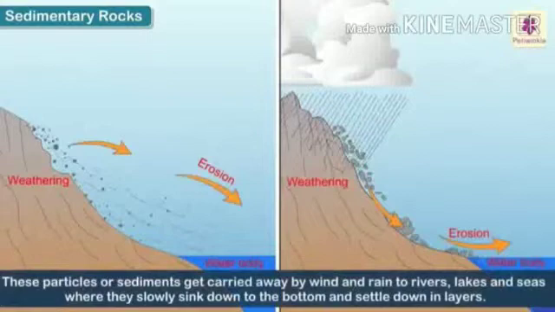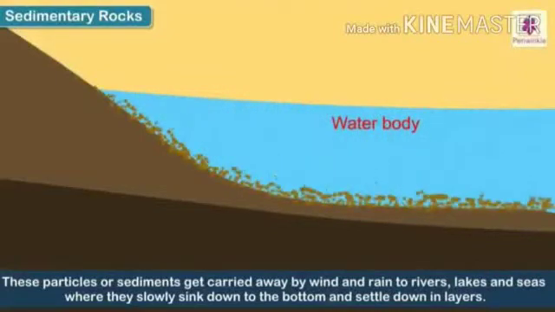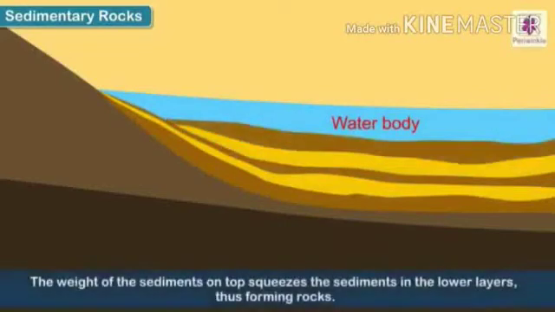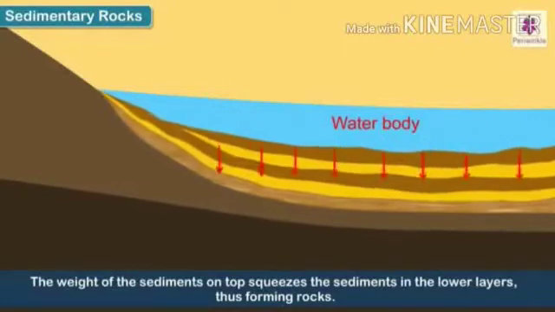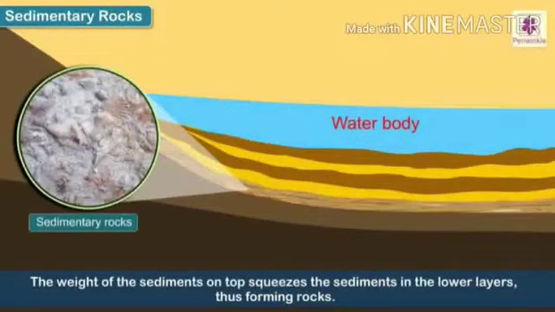These particles of sediments get carried away by wind and rain to rivers, lakes and seas, where they slowly sink down to the bottom and settle down in layers. The weight of the sediments on top squeezes the sediments in the lower layers, thus forming rocks. It is called sedimentary rocks.